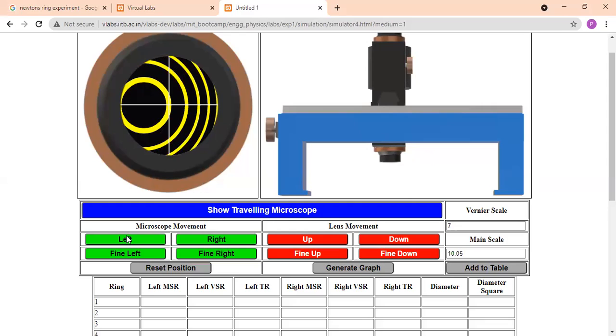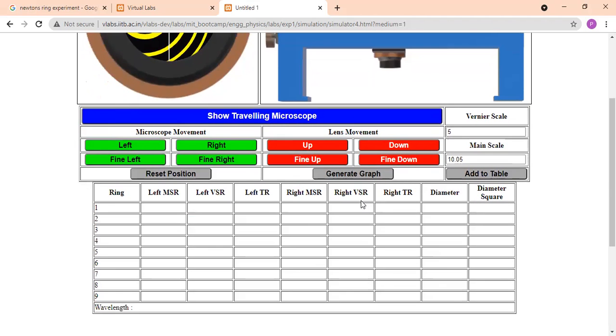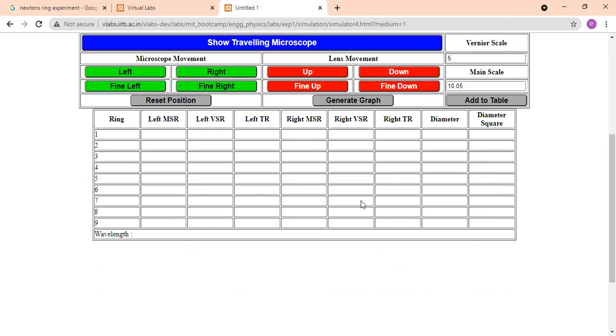Make sure you go to the bit center of it. So this is 10.05 और 5 है ना. तो ऐसे हम लोग कर सकते हैं. Okay. ऐसे आपका फर्स्ट रीडिंग आया. ऐसे आप डायमीटर डिफरेंट रिंग्स का लिखिए. Okay. And that you will enter it here, it will automatically generate graph. Okay, so ऐसा आप virtual lab में कर सकते हैं.